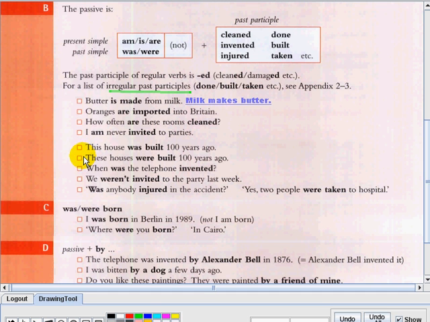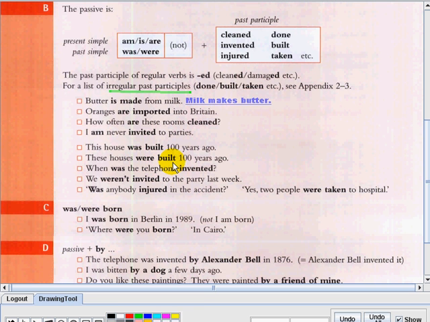Now, in the second sentence, we use were for our past simple because we have here houses. The word houses is more than one. The rule is we also have to make the plural form of the verb, right? Now, these houses were built 100 years ago. Houses plus were because there are many houses, and then were, then the past participle of build, which is built.